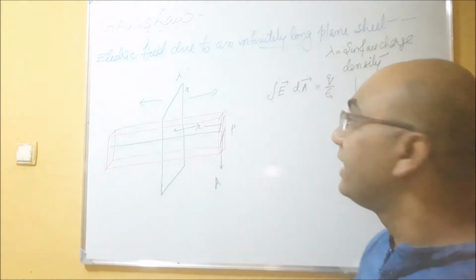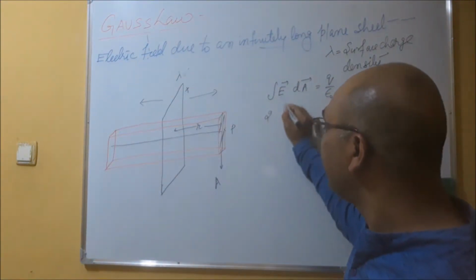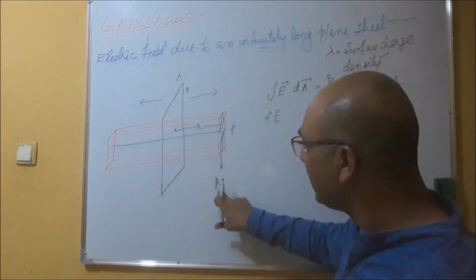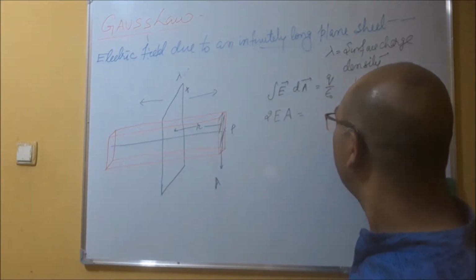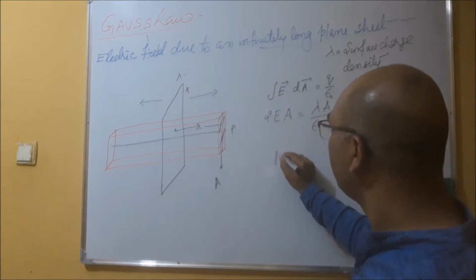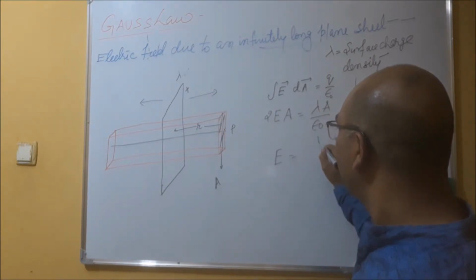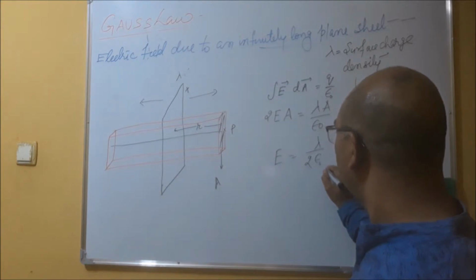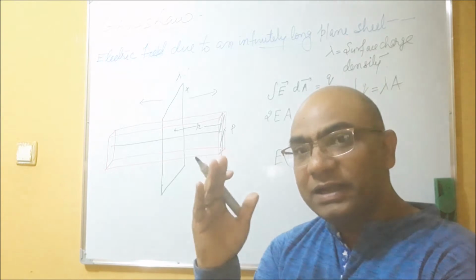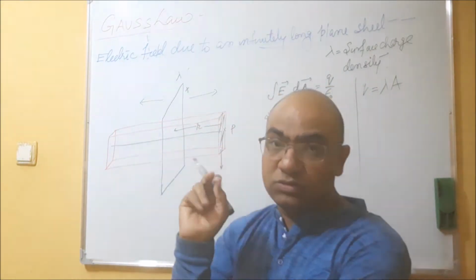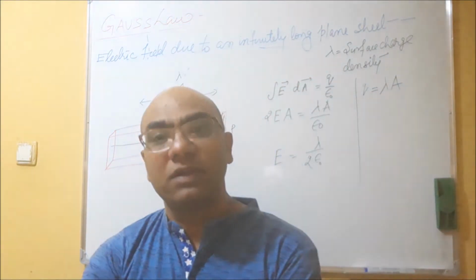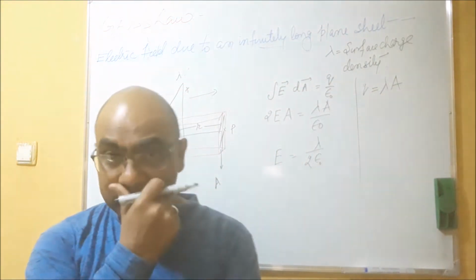Since it is going in both directions, in place of writing E, we will write 2E, and the area is A, so 2EA is lambda A upon epsilon naught. When you solve, you will get E is lambda upon 2 epsilon naught. Is this clear? Because the electric field lines go in both directions, in place of E, we take 2E for this particular case. Right? I hope this is also clear to you.